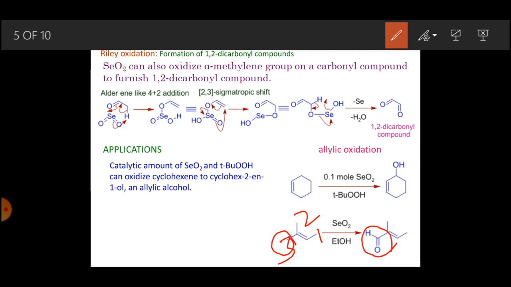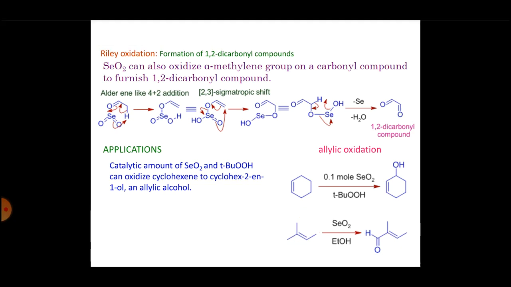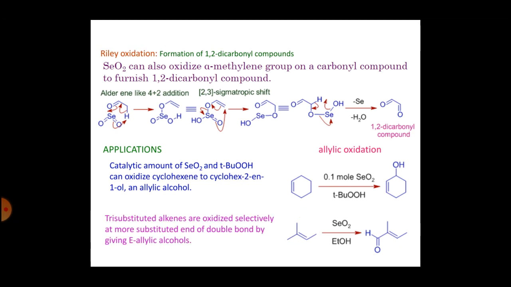In such cases where these two important aspects, regio and stereo, play a role, and if the alkenes are trisubstituted, then oxidation takes place selectively at the more substituted end. So it will take place on the more substituted end and will give the trans or E-allylic alcohol. For trisubstituted alkenes, there is a reactivity order for allylic oxidation.